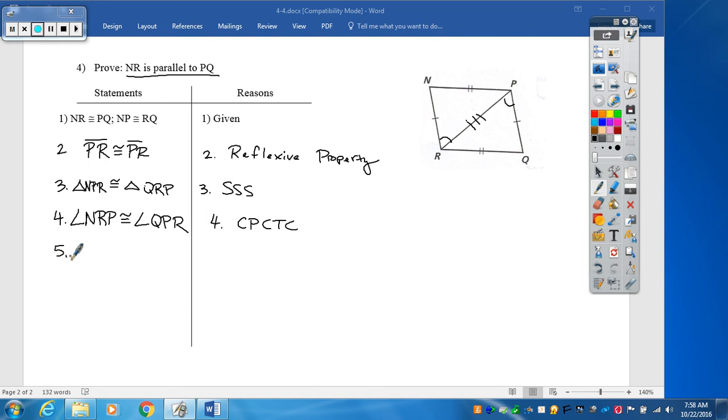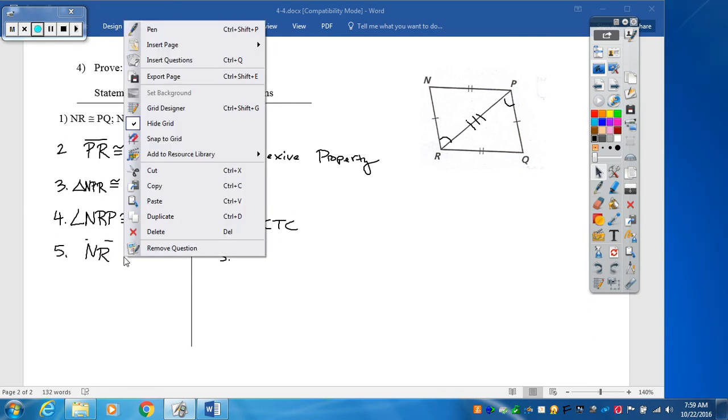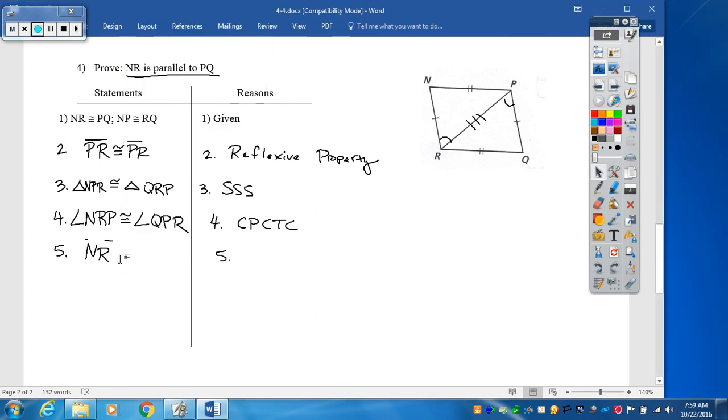For number 5, I then would know that NR is going to be, sorry guys, I actually touched a button on my pen that made things go crazy. NR is going to be parallel to PQ. Okay. And here's going to be your statement.